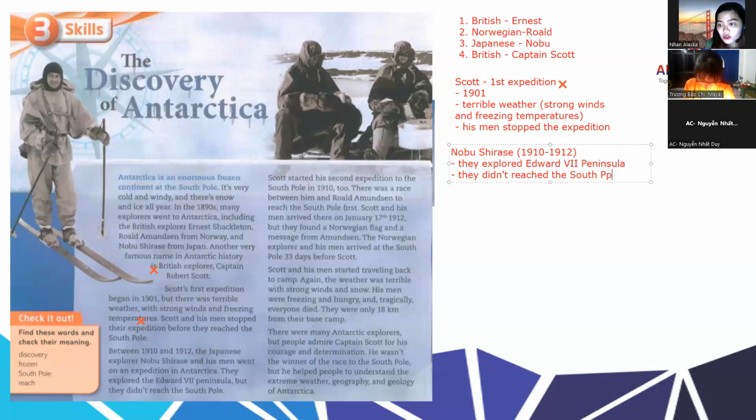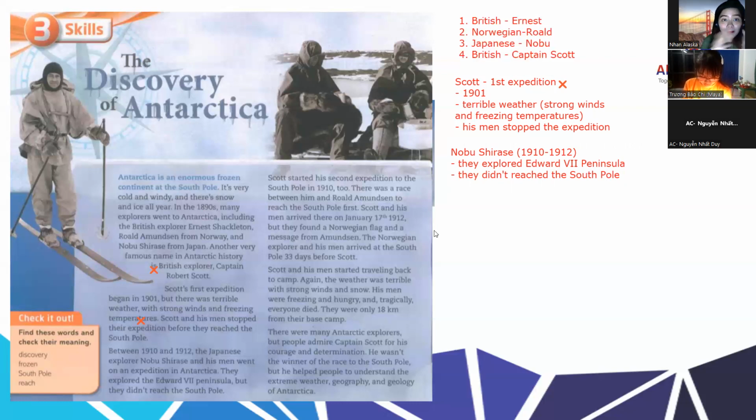So for this one, Nobu Shirase from Japan tried to explore the South Pole in the year 1910 to 1912. They were able to explore the Edward VII Peninsula, but they didn't reach the South Pole, meaning they got lost on their way.